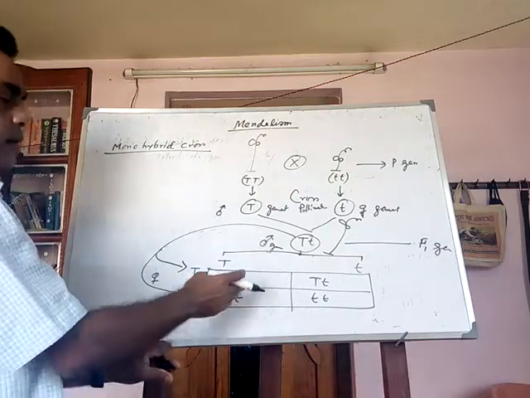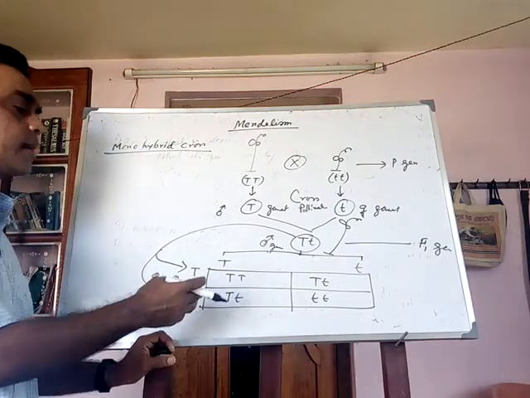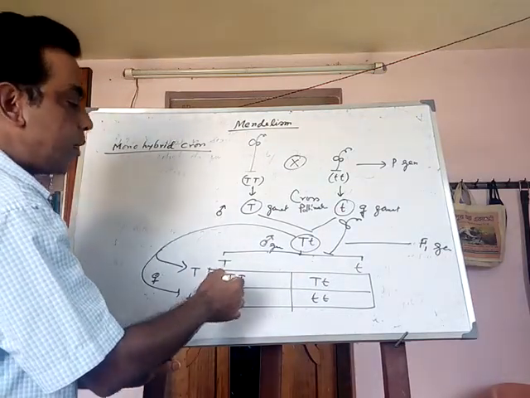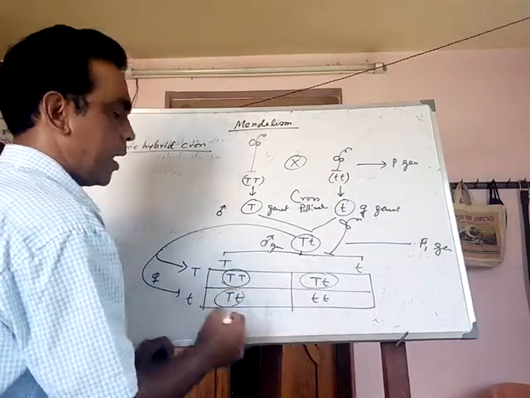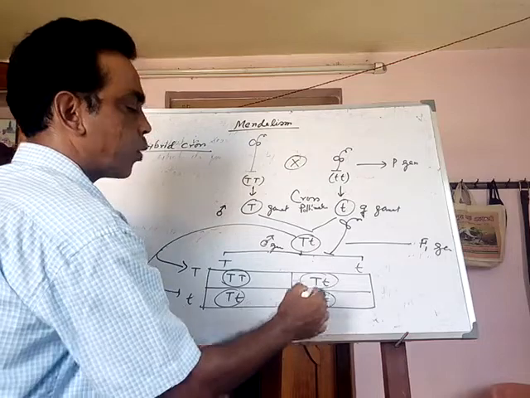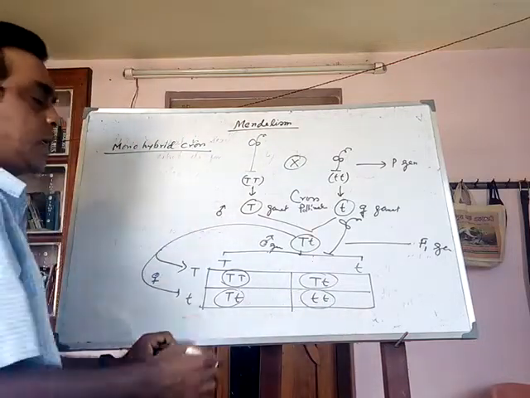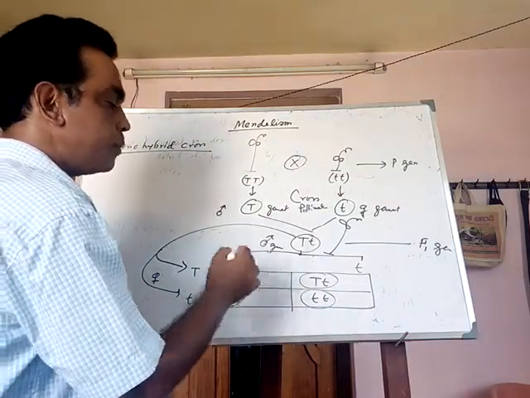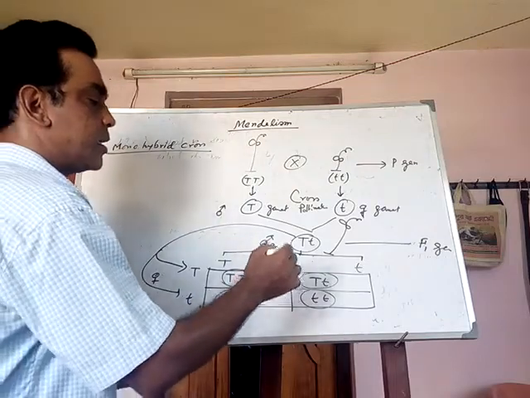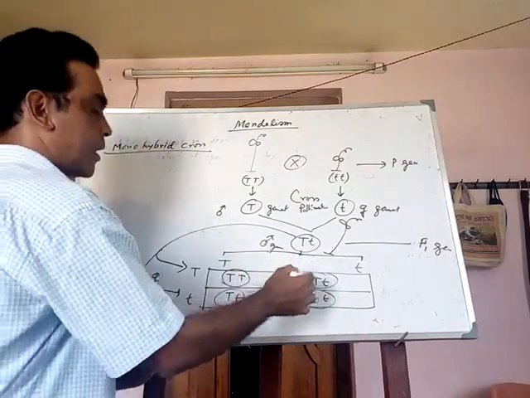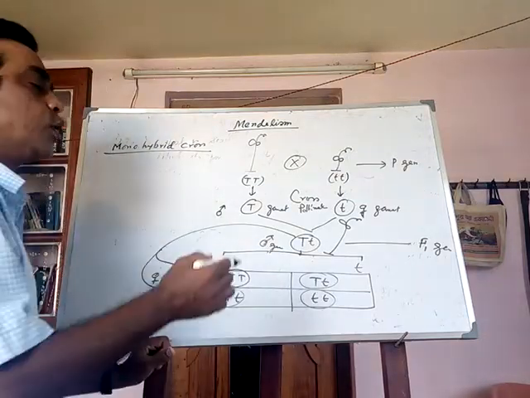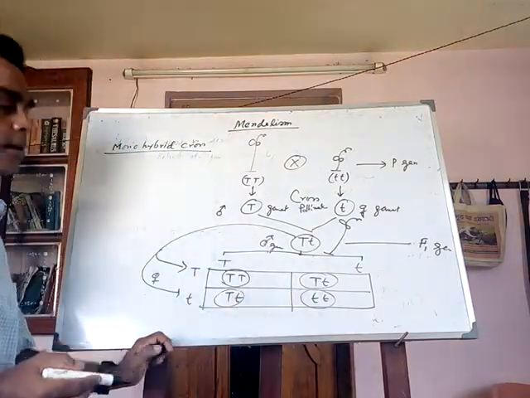So here we see that one is pure breed, 2 is hybrid, and another one is pure breed. It is pure tall pea plants, it is pure dwarf pea plants, and another 2 are hybrid pea plants.